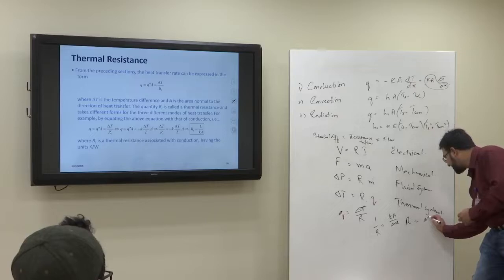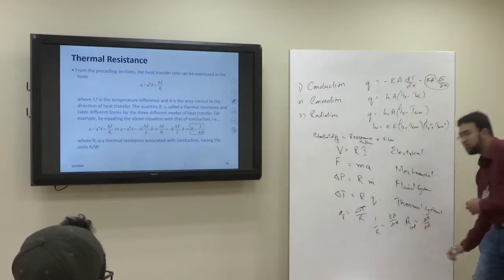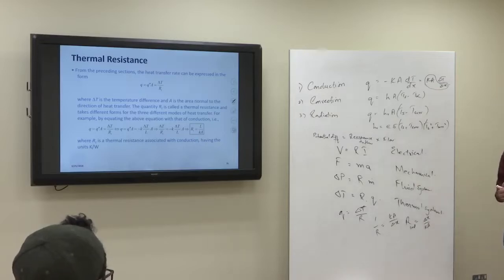R will be delta X upon KA. So that will be the conductive resistance. Got it? Conductive resistance will be delta X upon KA.